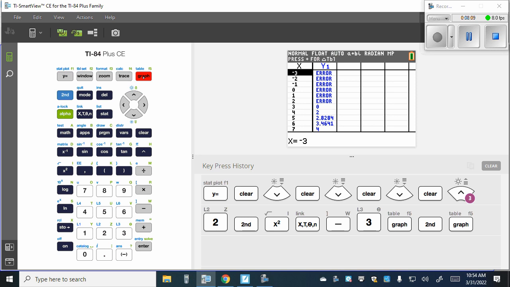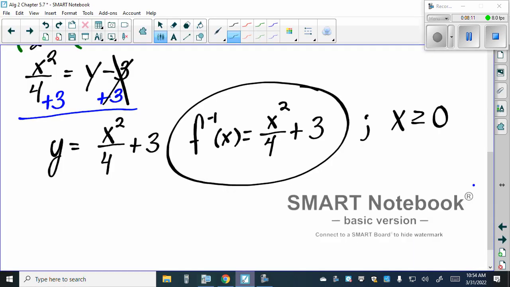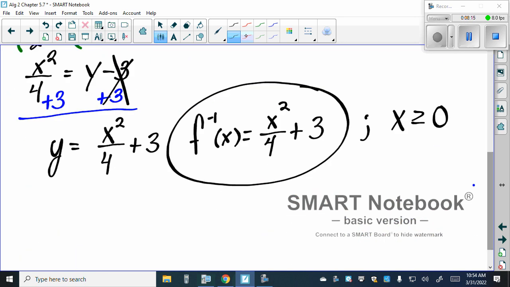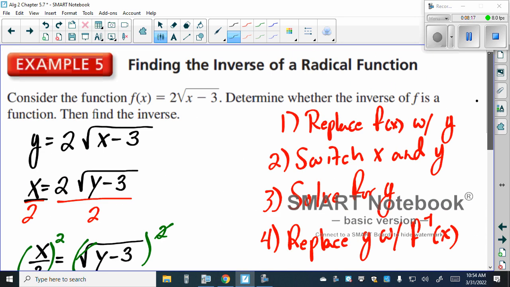So the domain of the function that we started out with is x greater than or equal to 3. And the range is all the y values that are greater than or equal to 0, yes? Because they're all in that top right quadrant.